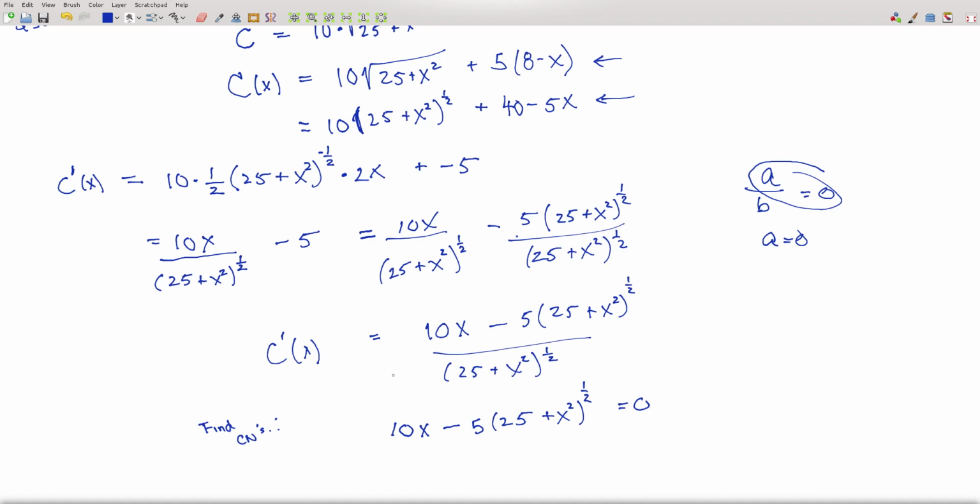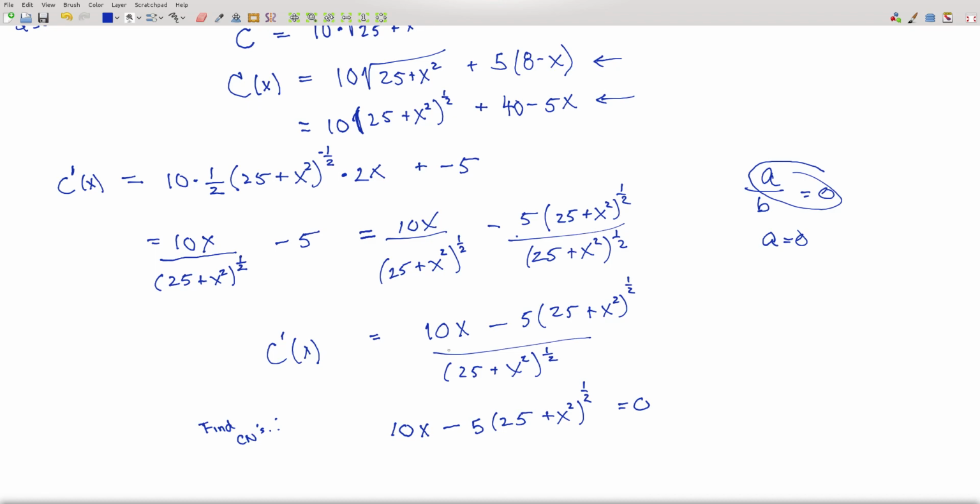As a matter of fact, this denominator can never become equal to 0, because x squared will always be positive, which means I'll be adding 25 plus a positive number, and when you take the square root of the positive number, it won't become 0, and it won't become undefined either. Okay.